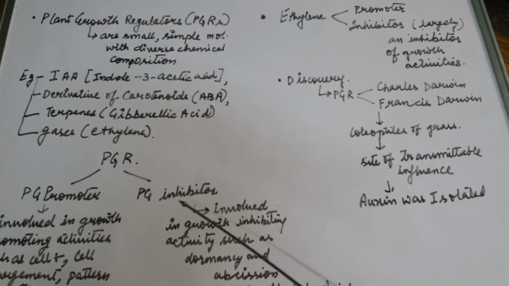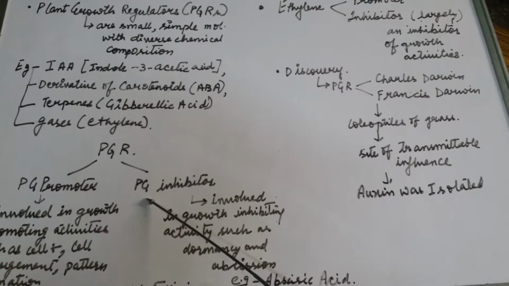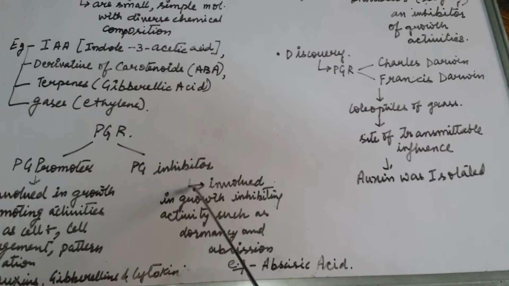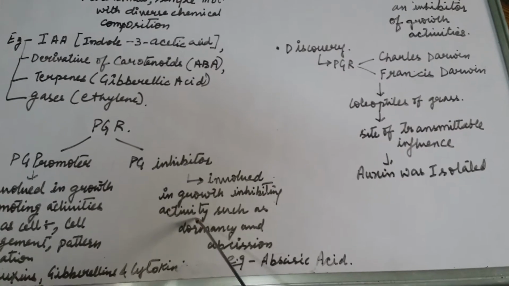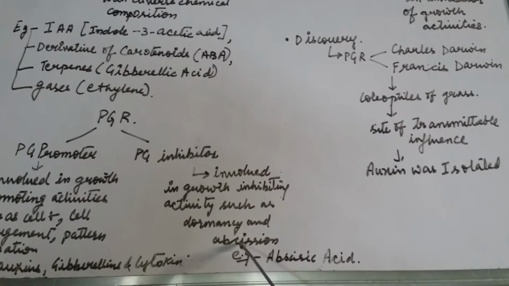On the other hand, the other type of class categorized under plant growth regulators is plant growth inhibitors. These substances are involved in growth inhibiting activities such as in the case of dormancy and abscission.